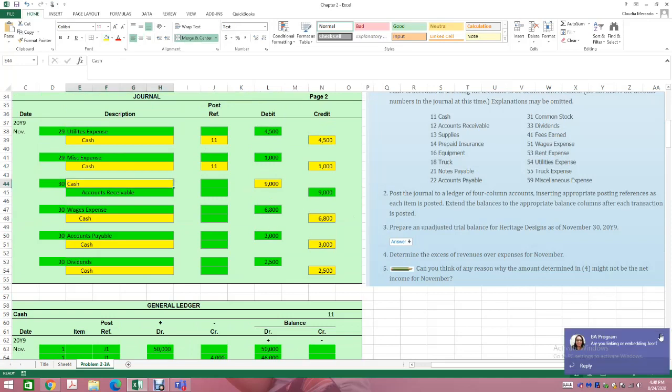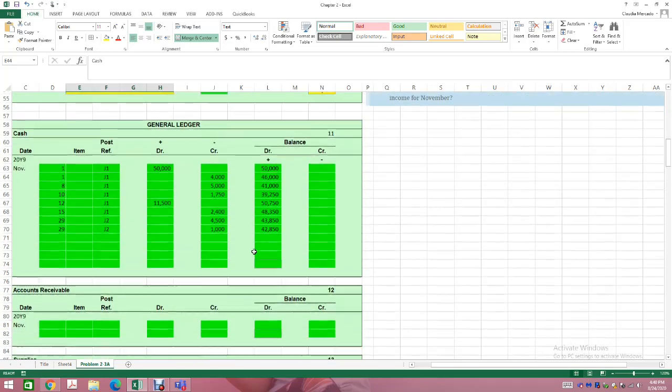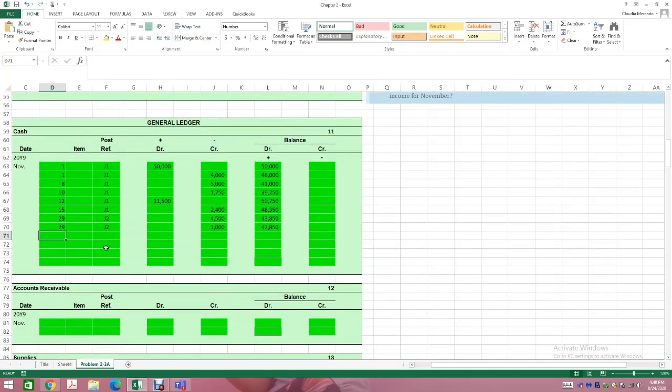The next one we have is cash being debited $9,000. So cash on the 30th gets debited $9,000. On the 30th, this is journal 2. Cash gets debited $9,000. So whenever we have a debit, it increases.